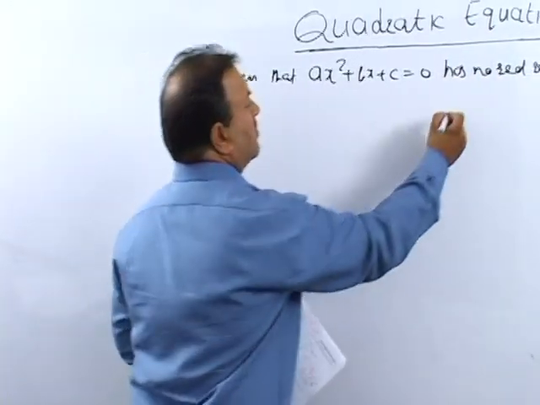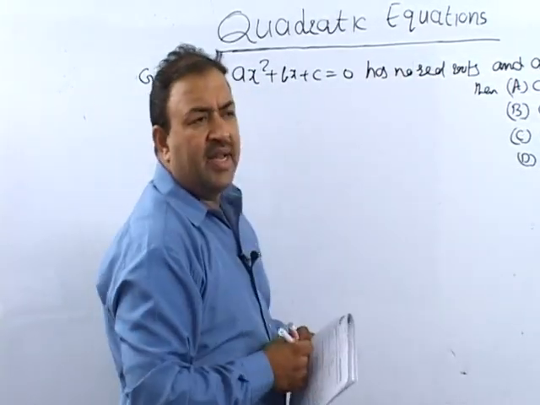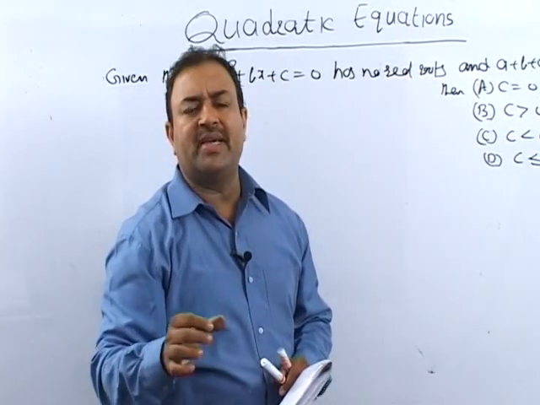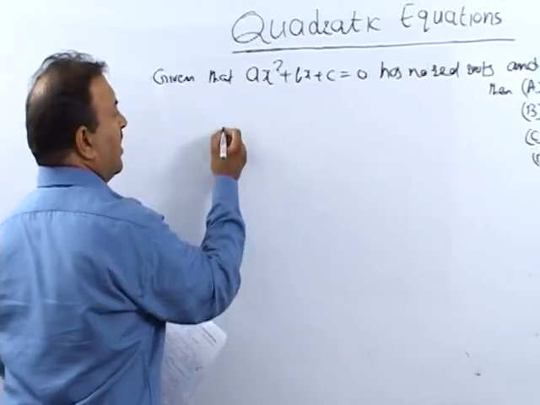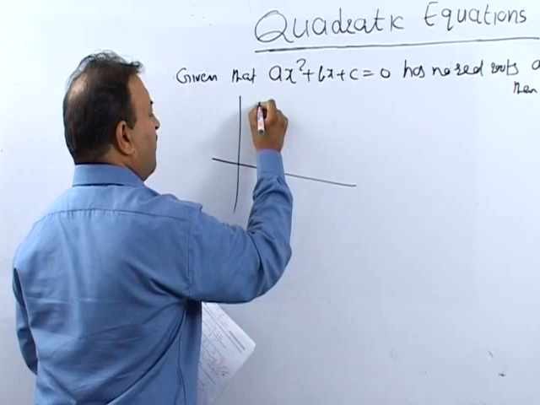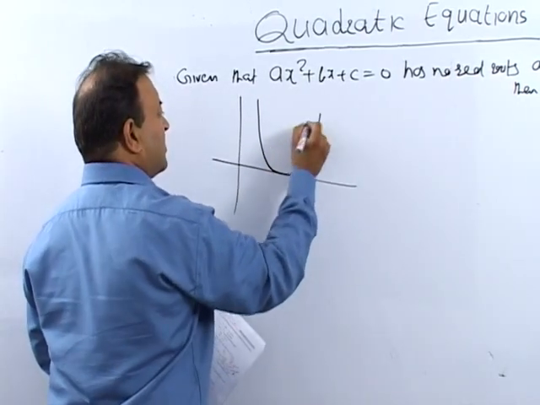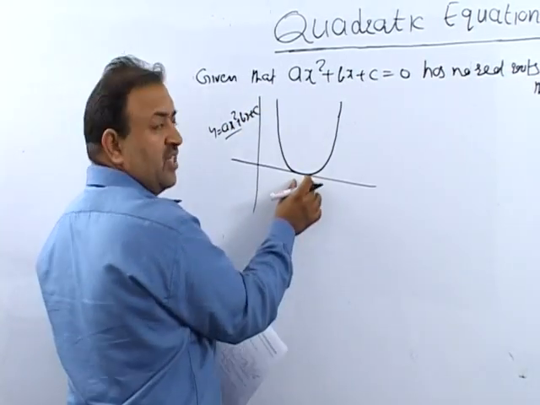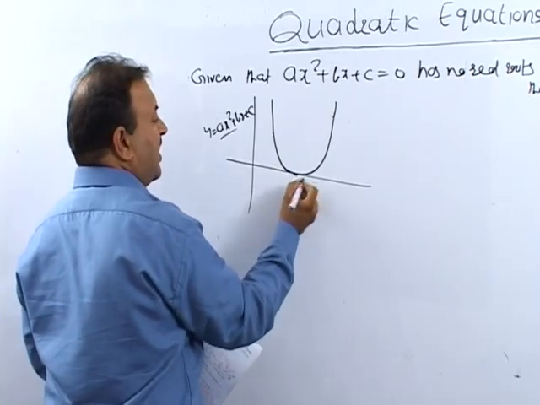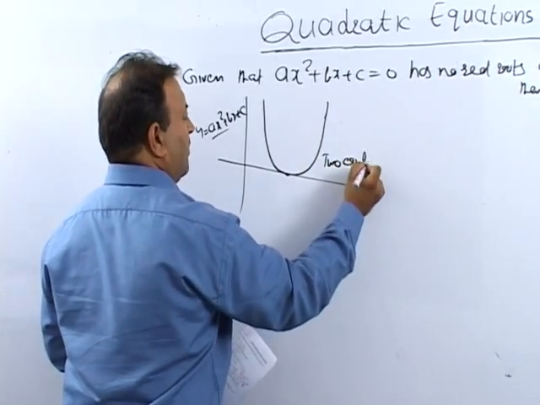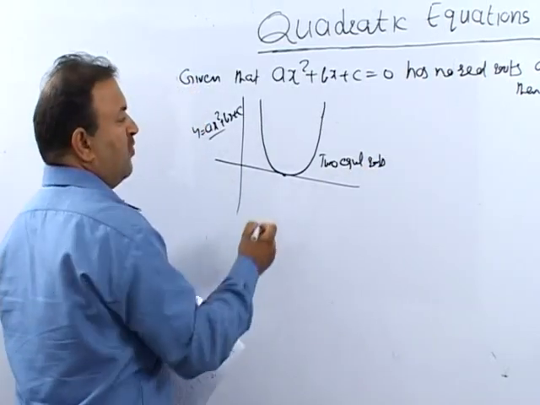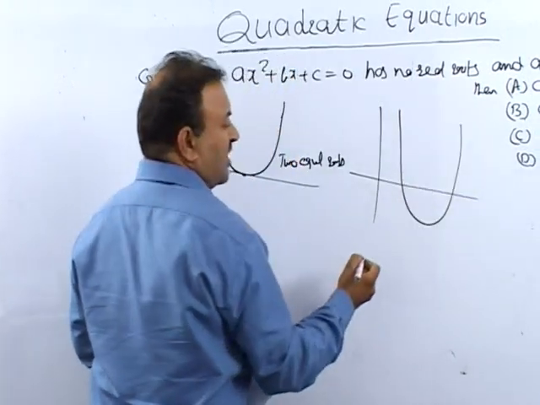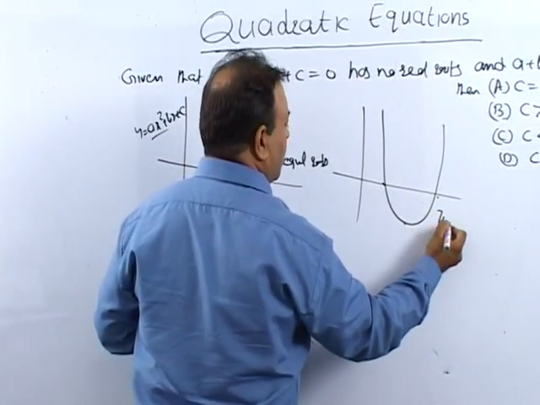Now whenever it comes out to be no real root, the idea should strike our mind that this quadratic curve is not going to meet at x-axis. Since we know one thing, we have done in a graph, if this curve y is equal to ax square plus bx plus c touches this x-axis, it means it has two equal roots. And similarly, if this curve cuts the x-axis at 2 points, it has two distinct roots.